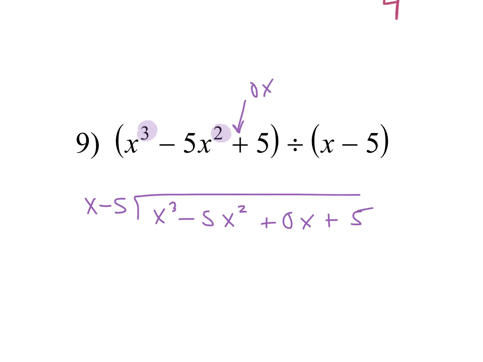Now we start off by dividing. So x cubed divided by x, what do we get? X squared. Then we multiply. X squared times x minus 5 would be x cubed minus 5x squared.